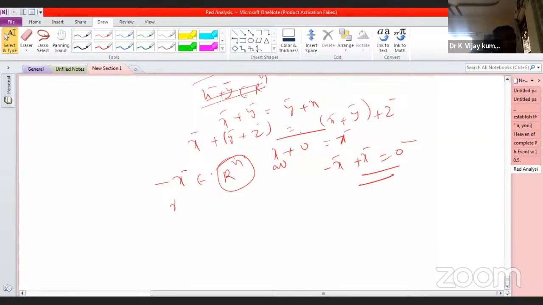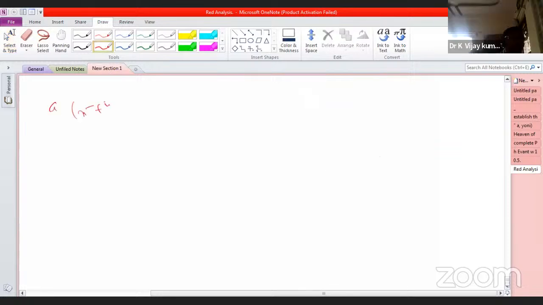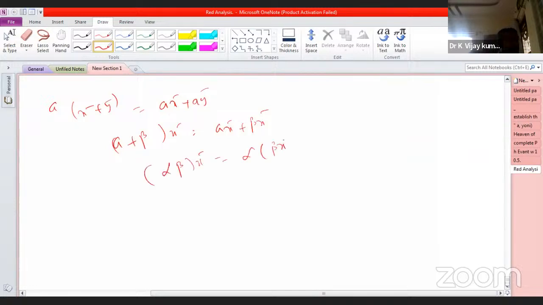So, another one. alpha x bar plus y bar is equal to alpha x bar plus alpha y bar. Alpha beta into x bar is equal to alpha into beta x bar, and 1 x bar is equal to x bar.